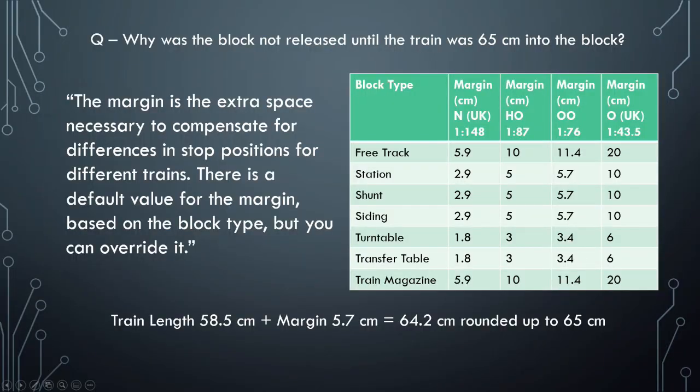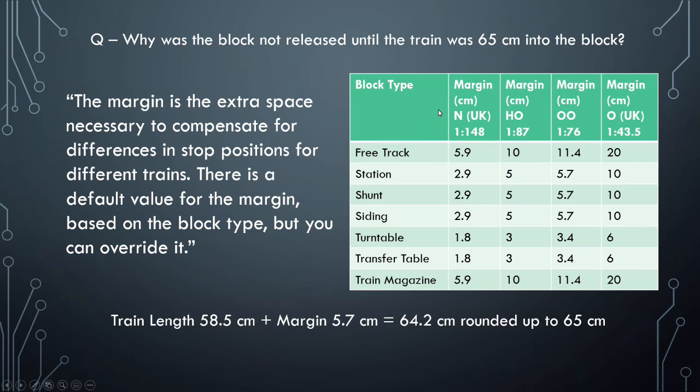If we look at the definition of margin in the user manual, it says the margin is the extra space necessary to compensate for differences in the stop positions for different trains. There is a default value for the margin based on the block type, but you can override it.